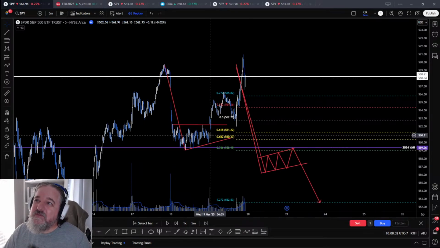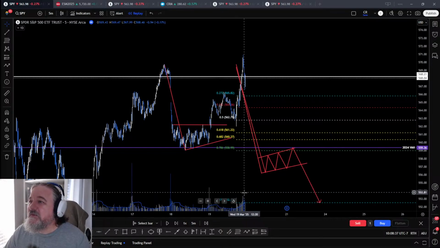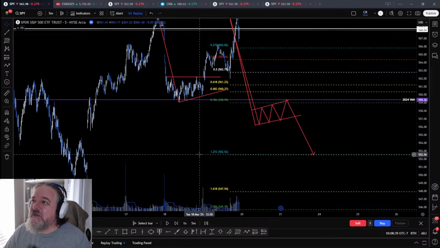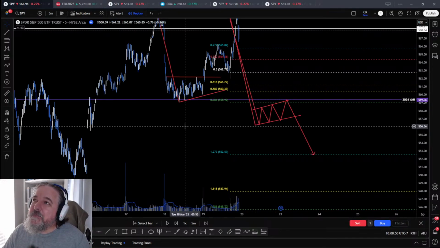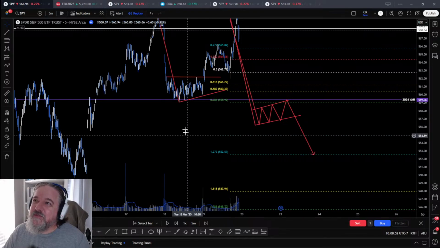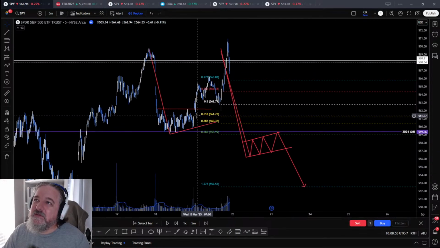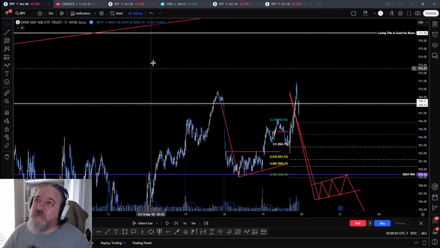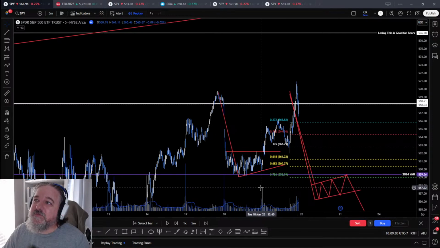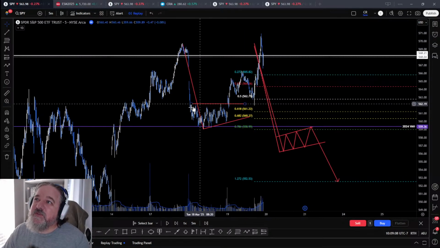So if at the close on Tuesday you're like, oh, they're going to slice through this, and you happen to know that your target is the 1.272 level, you're grabbing 554 puts on SPY, thinking they're just going to dump this between Tuesday and Wednesday, and then you get stopped out. We're looking for bear flags to be formed below key levels, and we're looking for bull flags to be formed above key levels, right?